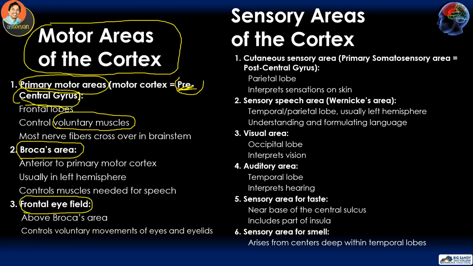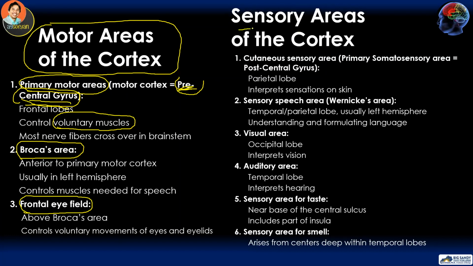Okay, this is also the one that controls movement of our eyes. So this is the frontal eye area, the frontal speech area, and this is the control area for our skeletal muscles.